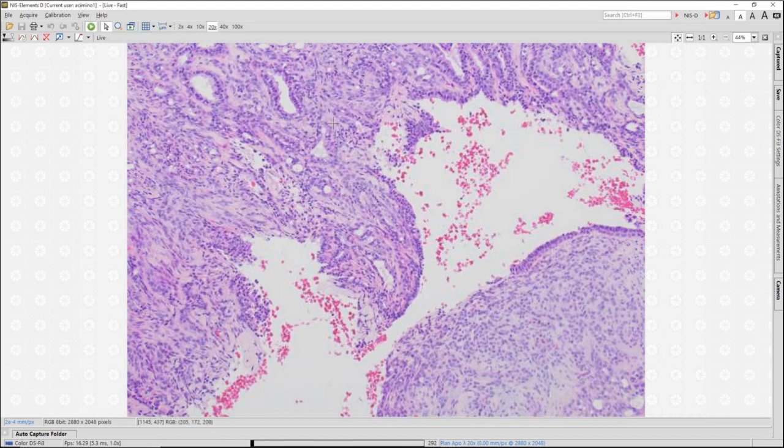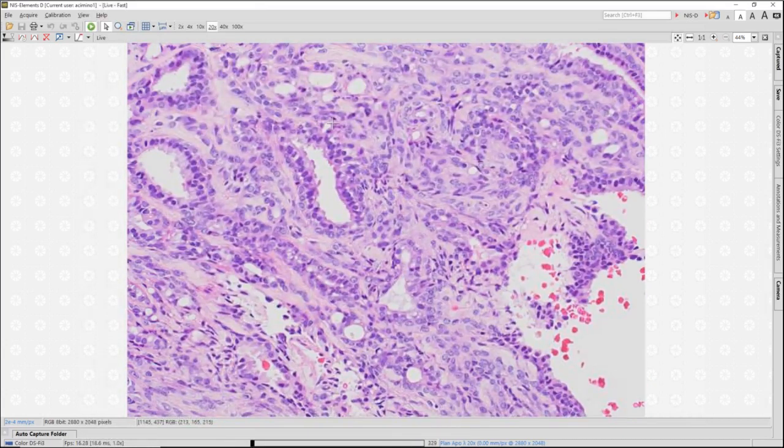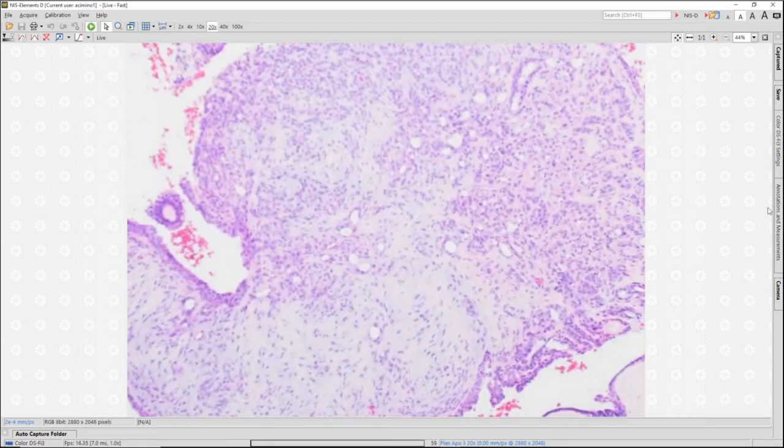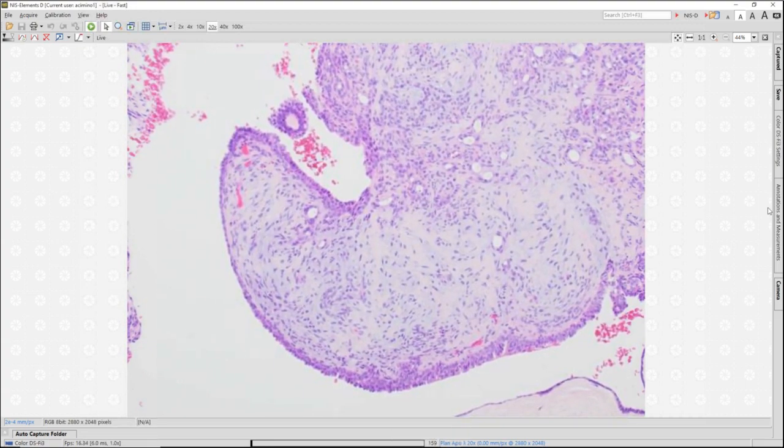I can see that each of the glands has a myoepithelial cell layer, which I'd like to get into the field for you. So I can see the inner bland luminal cell layer, the outer bland myoepithelial cell layer, and the bland stroma. What's unique about this lesion is it merges into these areas that have very prominent chondromyxoid stroma.